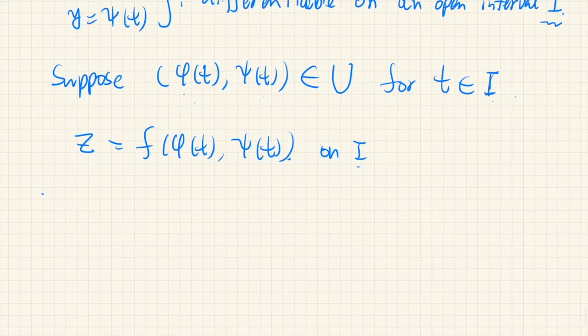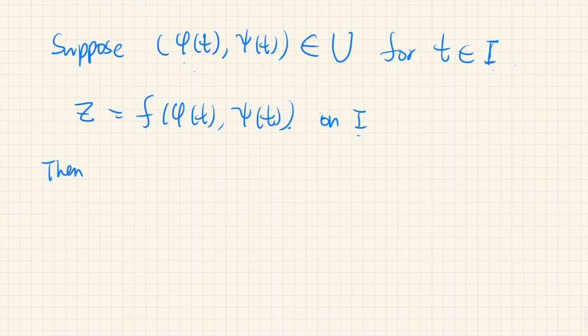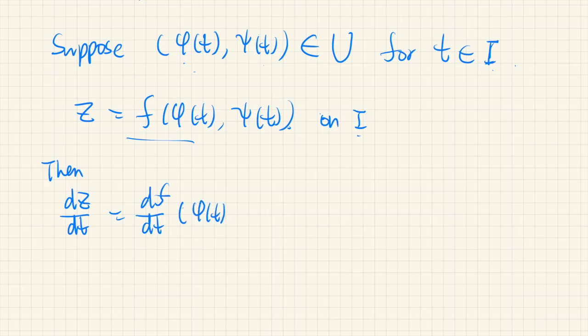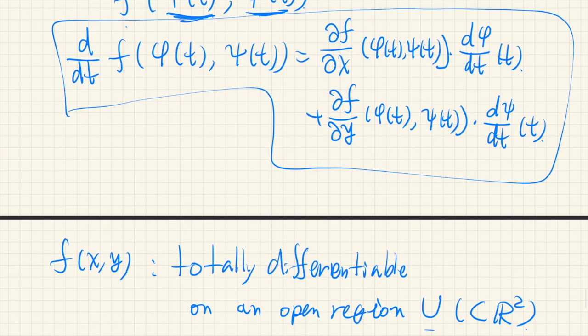Then the derivative of this function, dz dt or df dt of phi of t, psi of t, is this, just like we have written here.